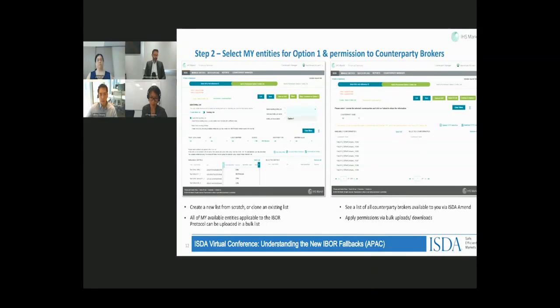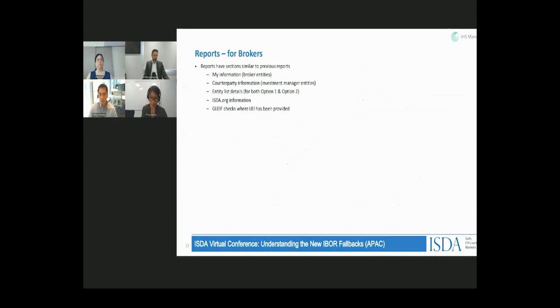So if I just move on to the final one, from a bank perspective, your workflow is actually much more simplistic because you're not needing to nominate all of your clients' names and so forth. So really, you have one single report function within ISDA Amend that you can download and get the information across all the clients that have permissioned you within that information.